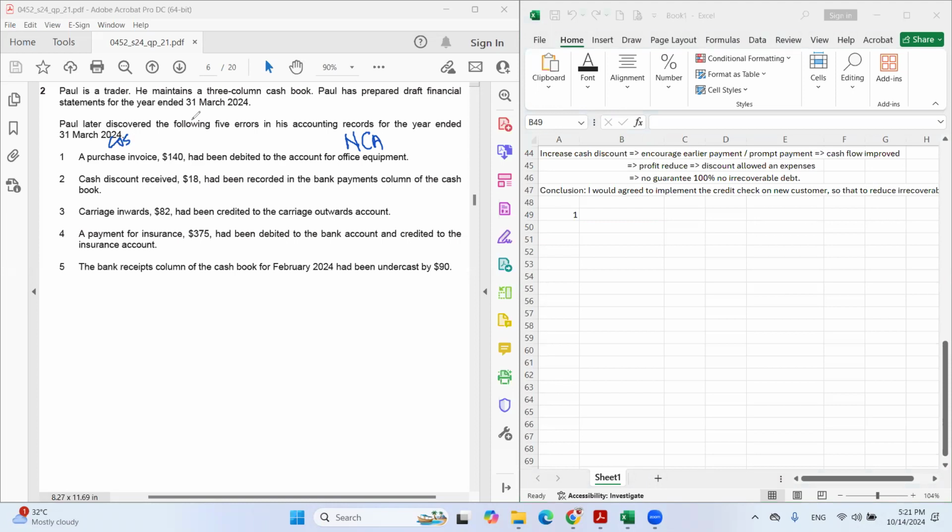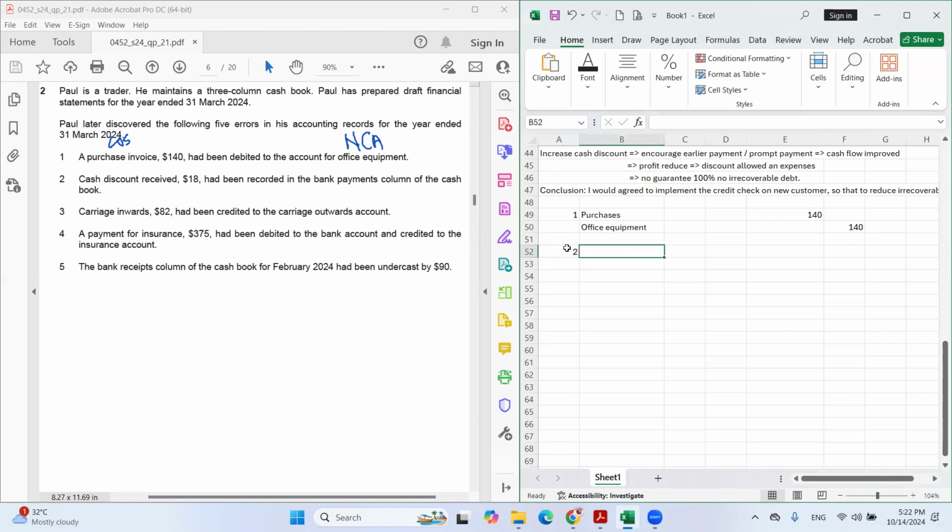So we need to adjust, reverse out the non-current asset and put it in the purchases account. So debit purchases, credit office equipment. And the amount is 140. This is error of principle.